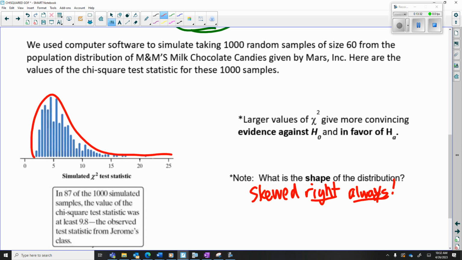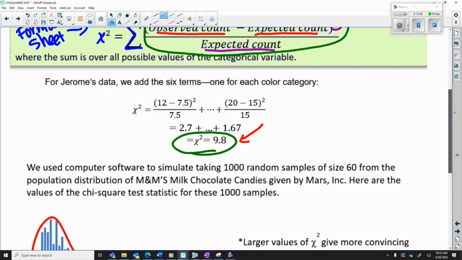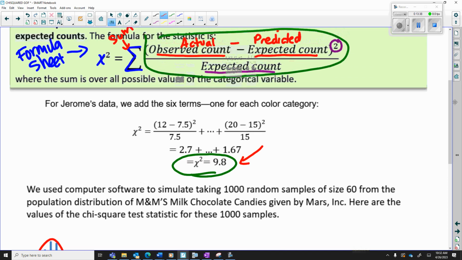So basically what we want to know is if we do our chi-square test statistic, okay, if the actual is equal to the predicted and it's spot on, like they're predicting that you're going to get 7.5 brown, and indeed you get 7.5 brown, then if you did 7.5 minus 7.5 squared over 7.5, you're going to get 0 because the actual would equal the predicted.